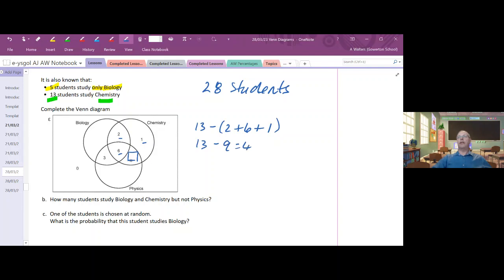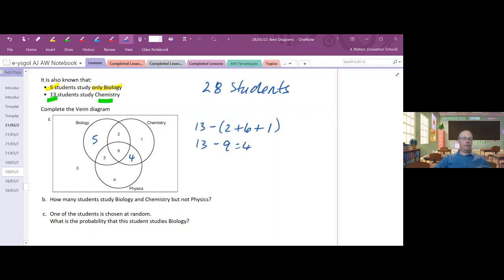So I'm going to put 4 in there. Okay. It tells us 5 students study only biology. So I write that in. There's no calculation needed because these 3 students here study biology and physics and so on. But these are the people, 5 of them, that only study biology.